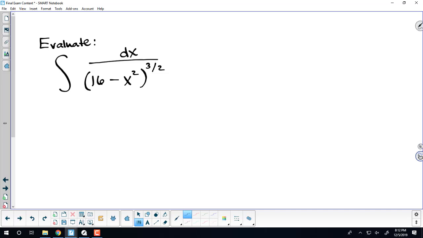So what we did with these though is the textbook said just leave it like this. This is your a squared, so a is 4, right? We were factoring these things out, so it was 1 minus x squared. So then we would write this as, we would factor that 16 out.